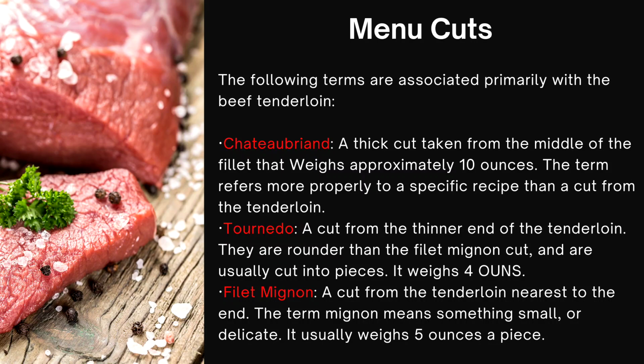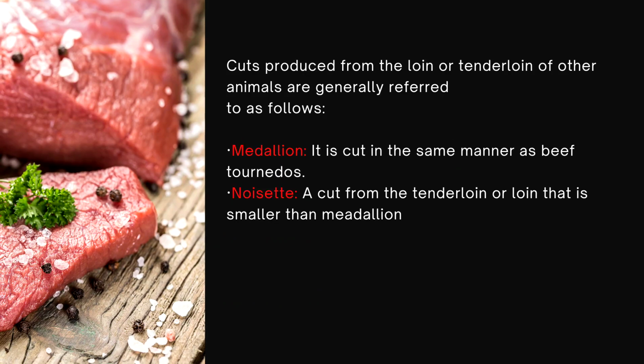obtained from each animal. Cuts produced from the loin or tenderloin of other animals are generally referred to as follows. First is medallion, second is noisette. Medallion is a cut made in the same manner as beef tornadoes. The term medallion or filet medallion refers to the way the meat is cut by the butcher.